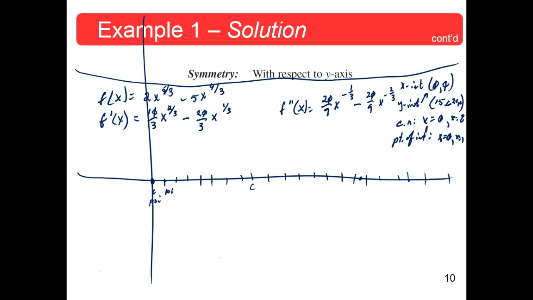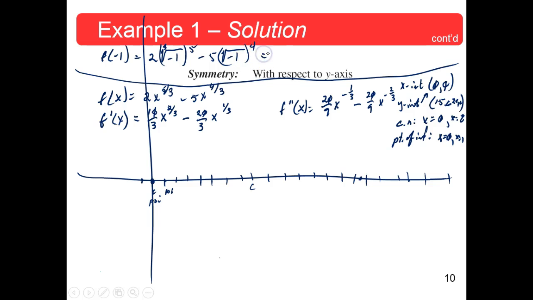Okay, get out of there. All right. So let's pick just one point to the left of our critical point, our point of inflection. Let's do -1. Let's do f of -1. That would be 2 times the cube root of -1 raised to the 5th power minus 5 times the cube root of -1 raised to the 4th power.